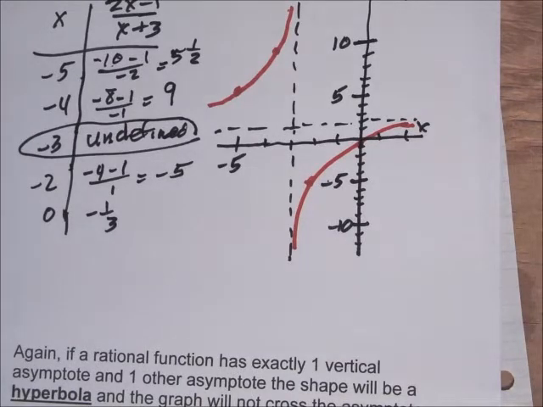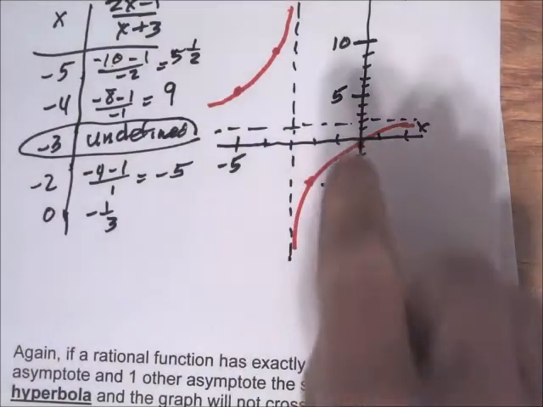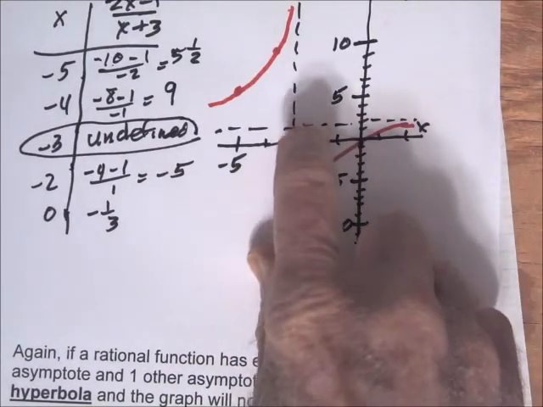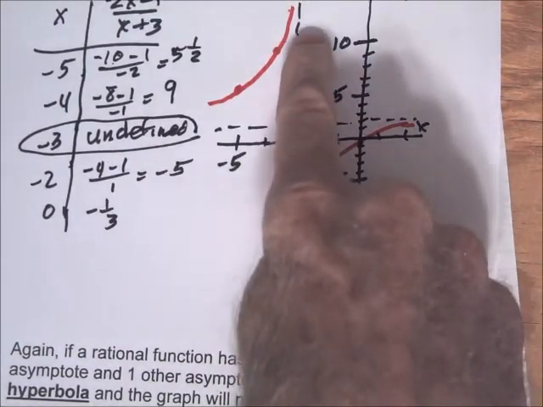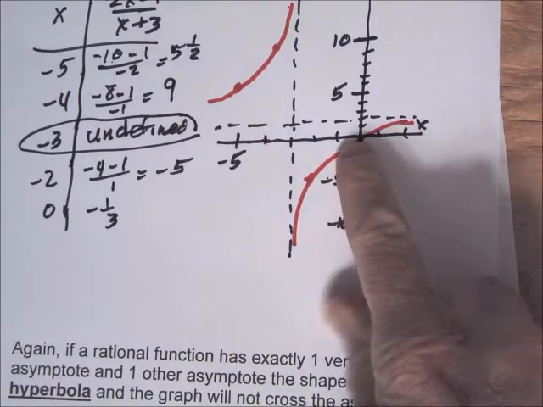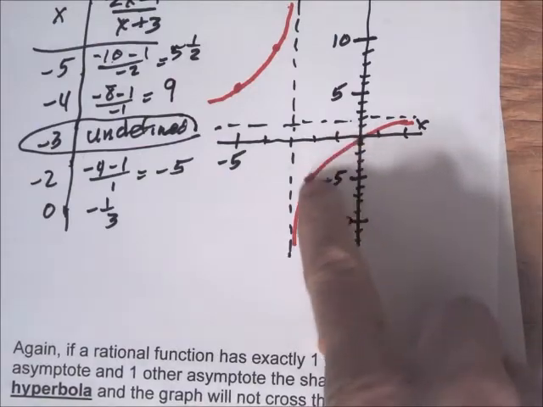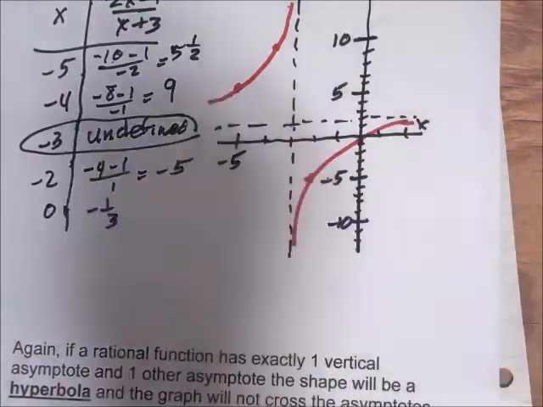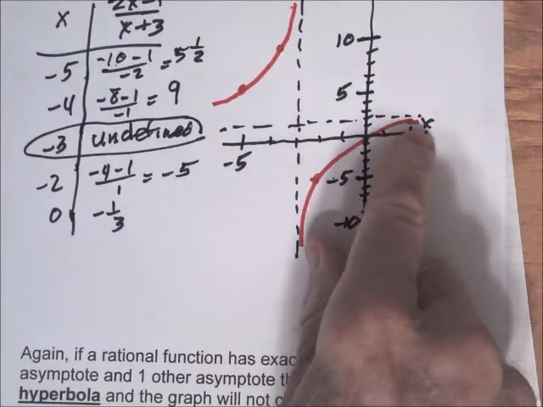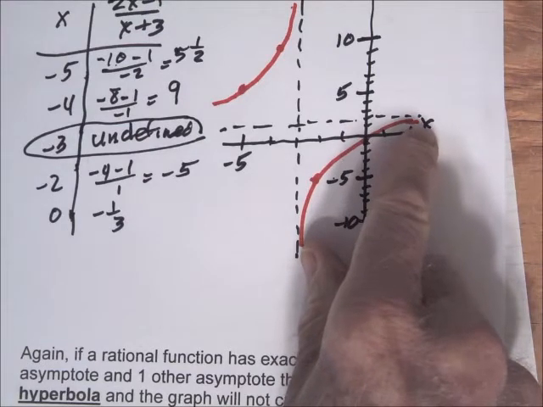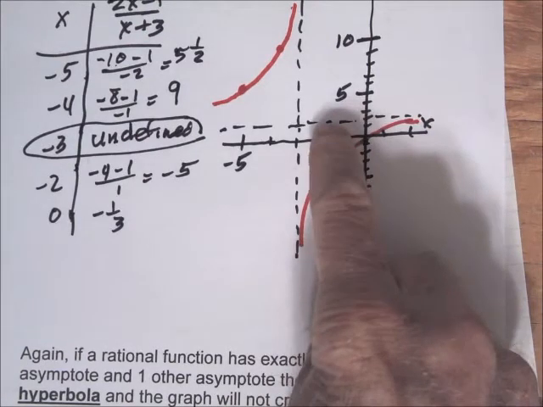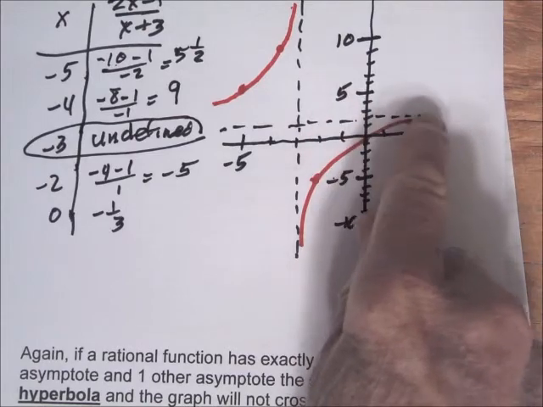And we'll talk more about limits next week, but we see that the limit as x goes to negative 3 from the left is going to be positive infinity. As x approaches negative 3 from the right, that goes to negative infinity. As x goes to infinity, f of x goes to 2, gets closer and closer to the line y equal 2.